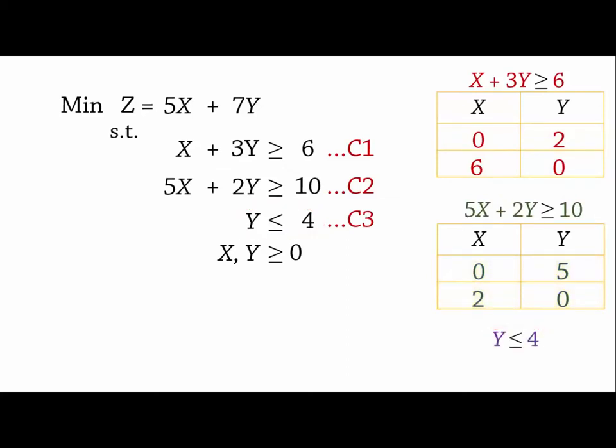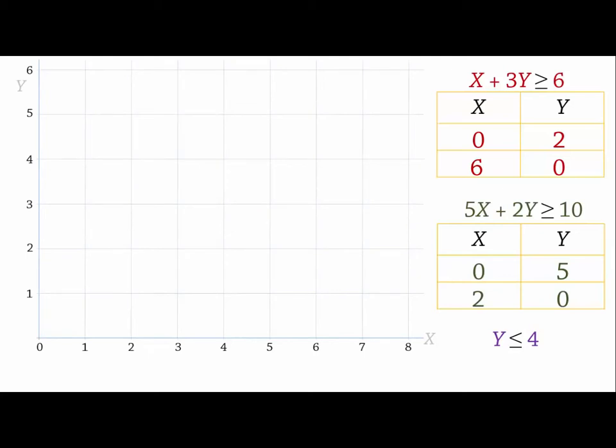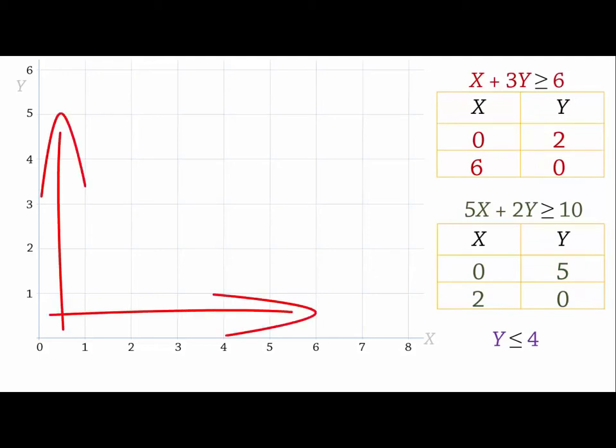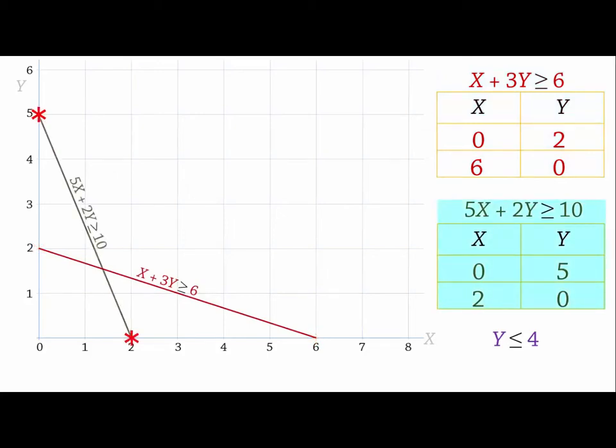For y less than 4, the line is simply at y equals 4.